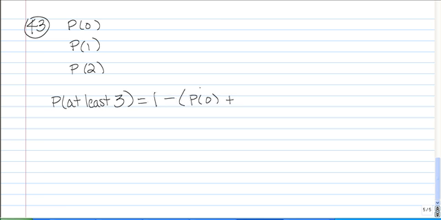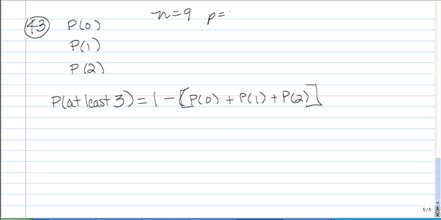If we do the probability of 0, probability of 1, probability of 2, so we want the probability of at least 3, and we're going to take 1 minus the sum of those 3. We're going to use complements. So that's our way of thinking. In this case, n was 9, x's are 0, 1, and 2.